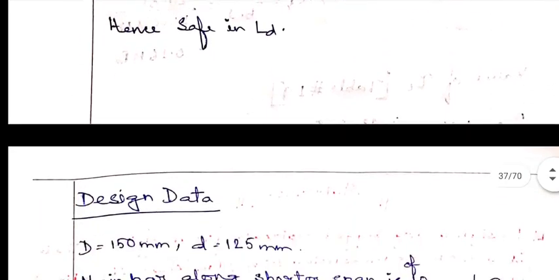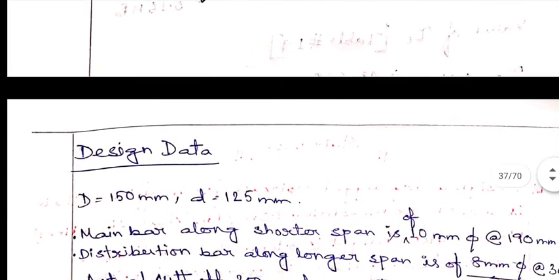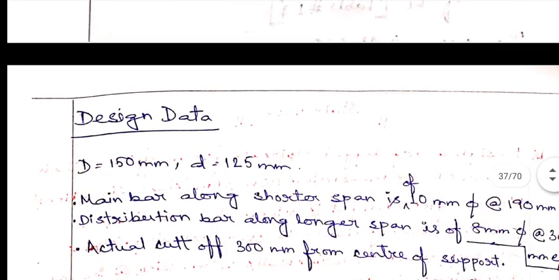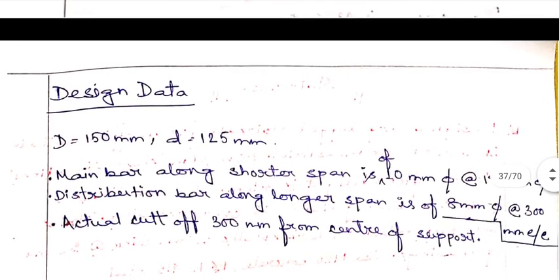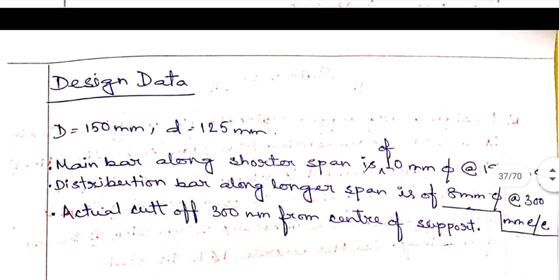The next step is we have to write the design data. All design calculation is done. We have already completed all the checks. So now it is time to write the design data. After that we have to draw it.